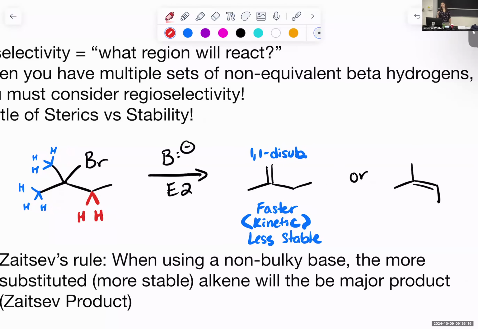If I take it from the right-hand side, now I get a trisubstituted alkene. That is going to be slower because there are fewer hydrogens to take from, but it's going to be more stable. So that is the thermodynamic argument.